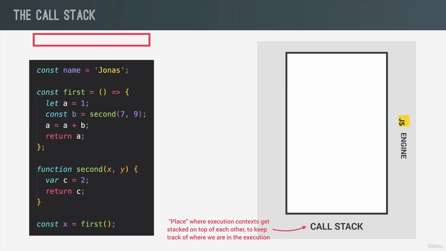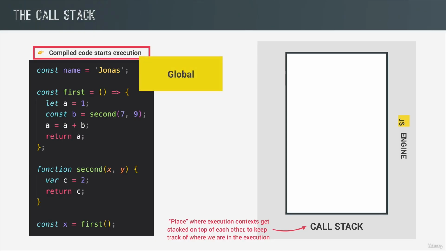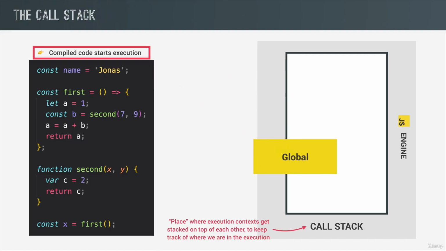So, once the code is compiled, top-level code will start execution. And then, as we learned in the beginning of the lecture, a global execution context will be created for the top-level code, right? So this is where all the code outside of any function will be executed. And what happens with this execution context? That's right, it will be put in the call stack.